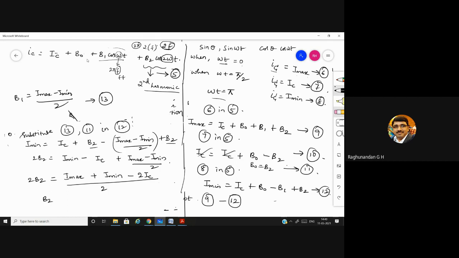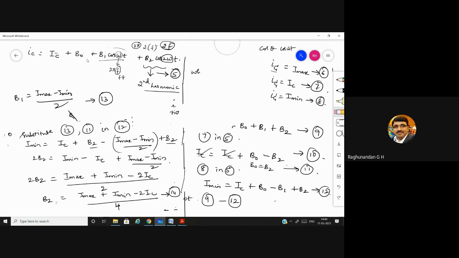So finally B2 is equal to Imax plus Imin minus 2IC divided by 4. So take this as equation number 14. So when B2 is obtained, obviously you'll get one more value, B0. They are equal. So B0 and B2 are equal.